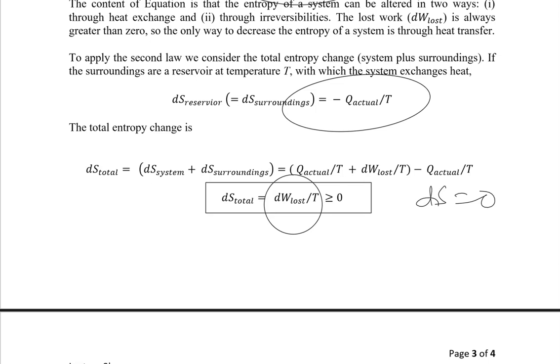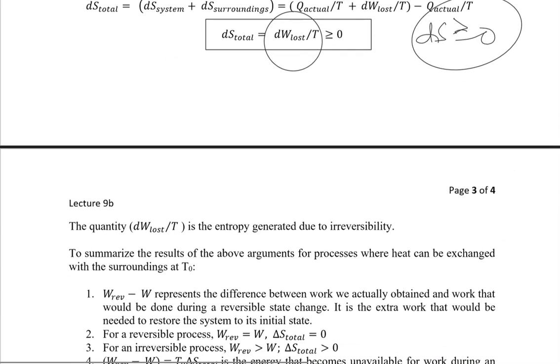But if there is lost work, meaning the reversible work is greater than the actual work, then ds would be greater than zero. So we have established that the total entropy change in a system and surroundings is equal to the lost work, which is the work lost during the process going from one state to another.